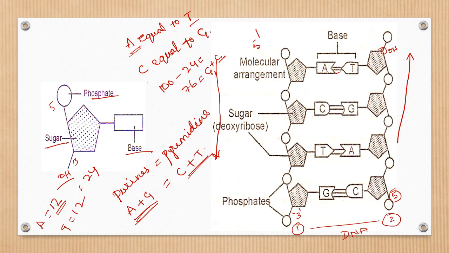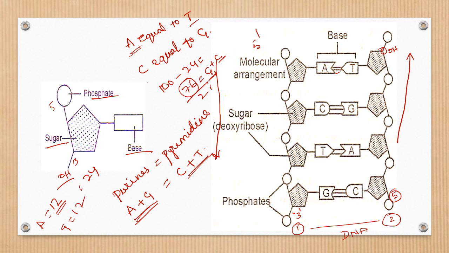What we are saying here, C is equal to G or G is equal to C. That means suppose if you say that guanine is 10, C is also 10. But here, G and C is equal to 76. That means we need to distribute this number equally to both, that means by 2.